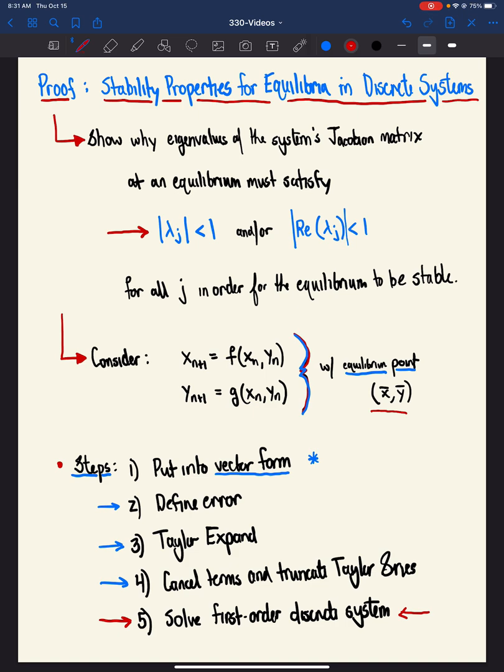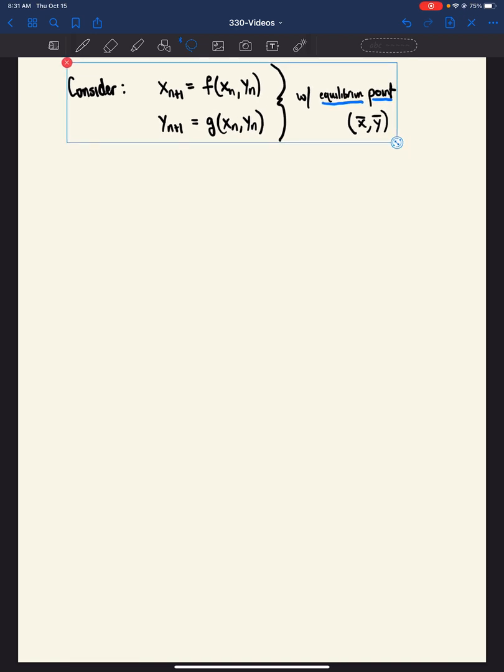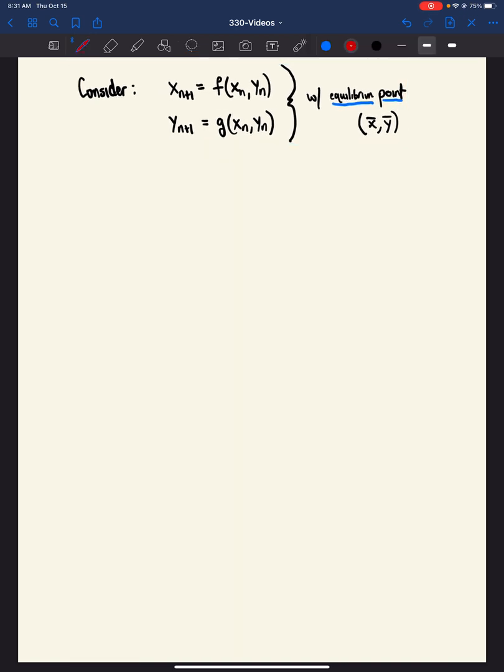So let's go ahead and first put everything into vector format. There was our system that we previously considered. So in terms of the vector form, all we're going to do is say, instead of considering each equation individually, I'm going to define a big vector that looks like this.